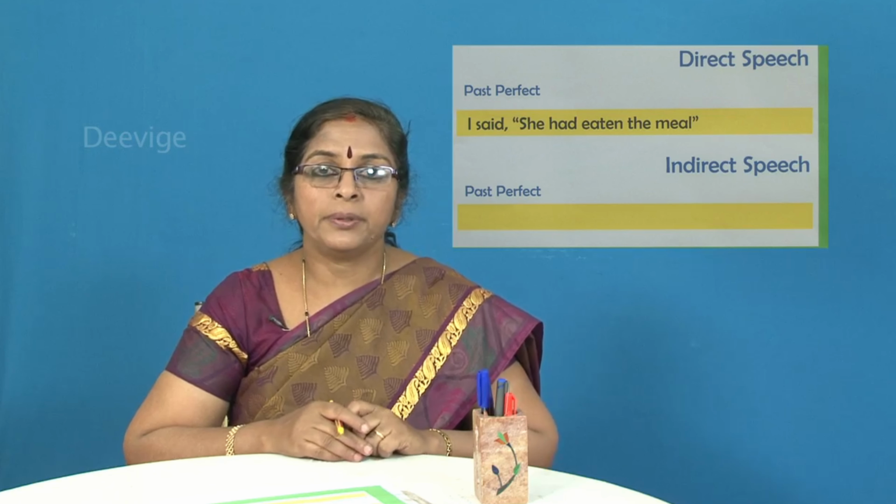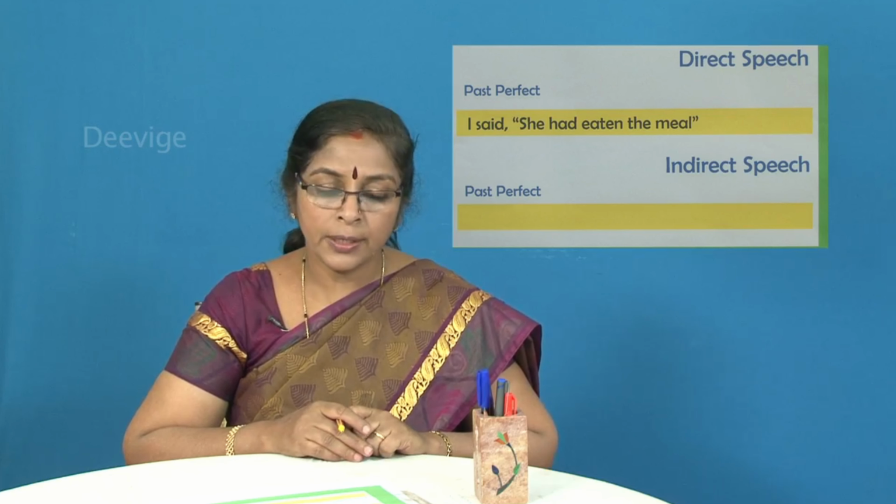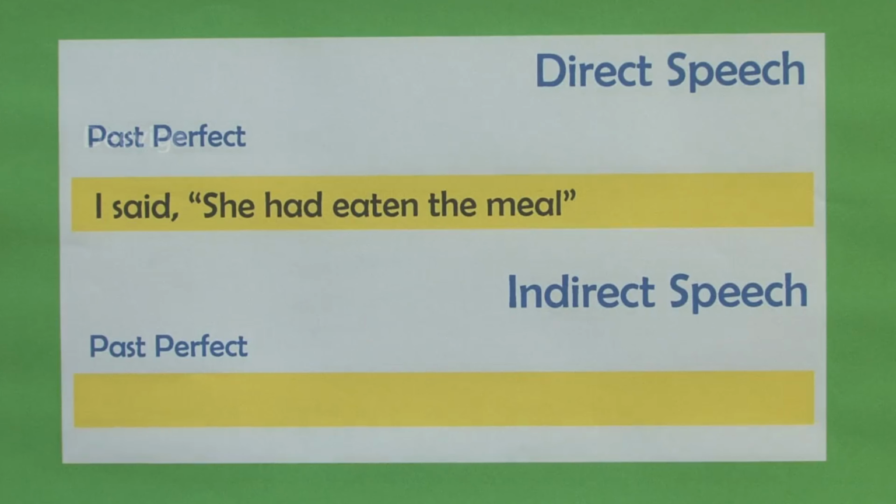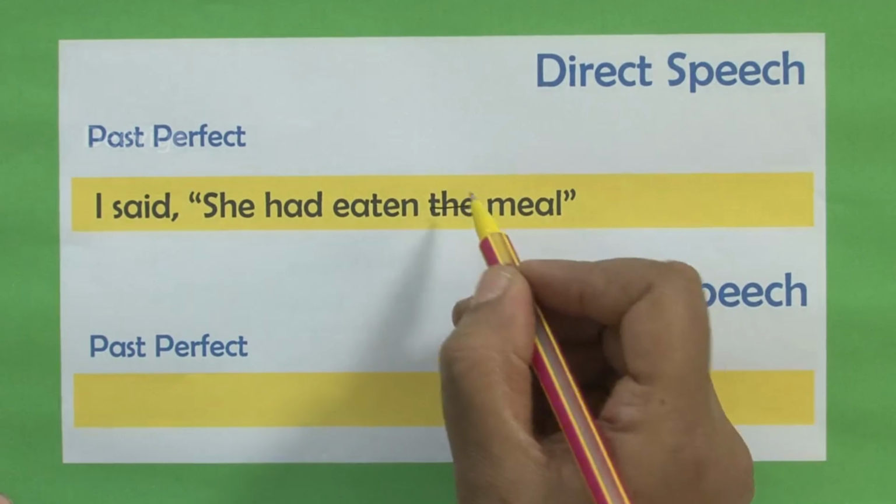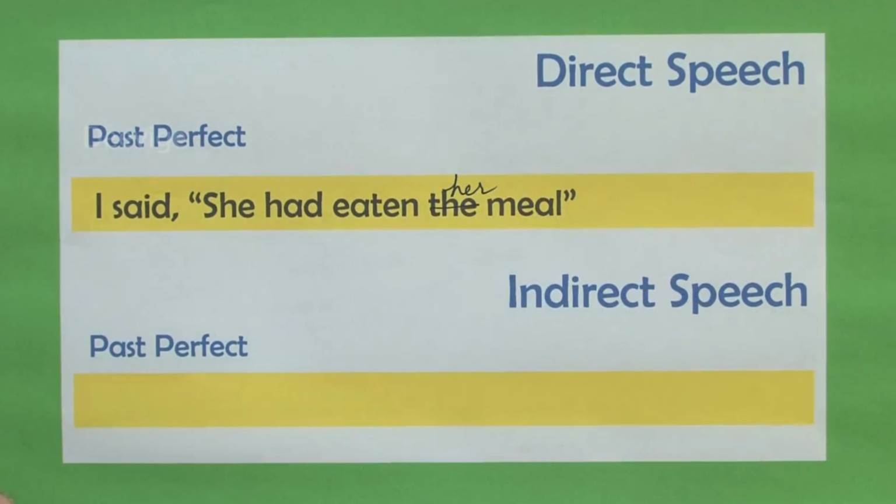The next example that we have here with us is, I said she had eaten the meal. I repeat, I said she had eaten the meal. So instead of the, let us replace it with the word her. Okay. I said she had eaten her meal.